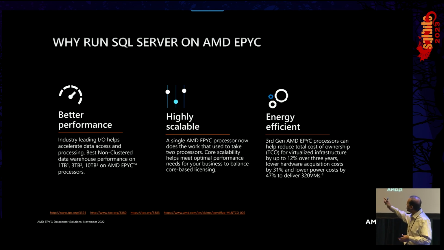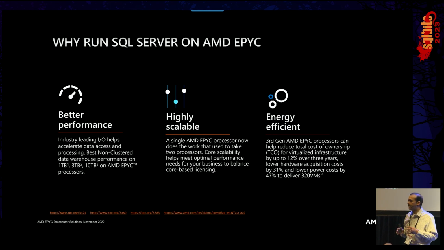We have a very highly scalable processor. Being able to go from 8 or 16 cores up to 64 cores, you're able to leverage the same hardware investment that you have in your Dell server, and really leverage that performance up and down the spectrum. And the third area is energy efficiency. This is a key differentiator for AMD with respect to Intel and other products out there.